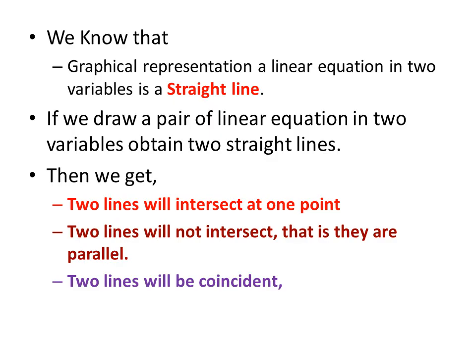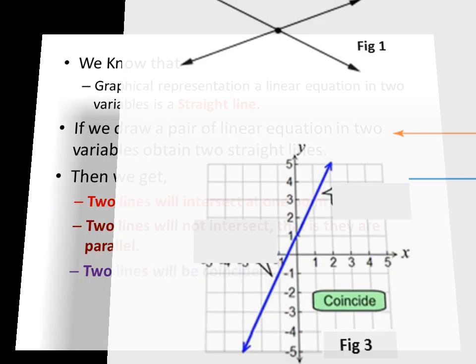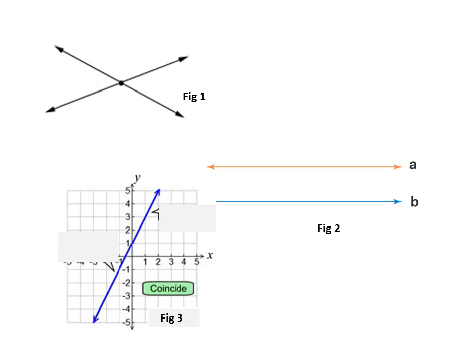That is, the values of x and y in both equations are equal, and there are infinitely many solutions. In the figures, you can understand the above concepts. In figure 1, they intersect. In figure 2, they are parallel. In figure 3, they are coincident.